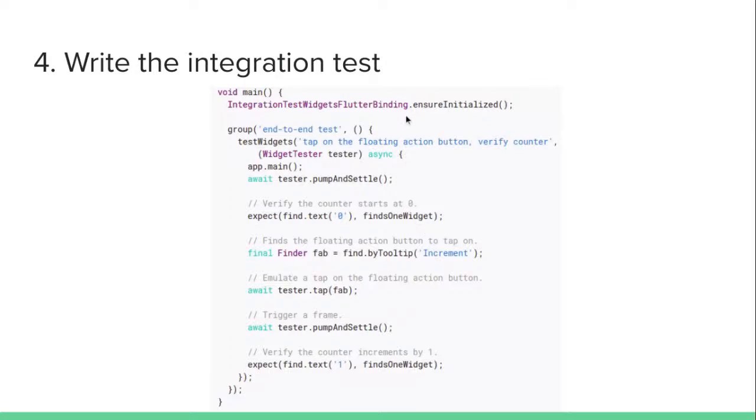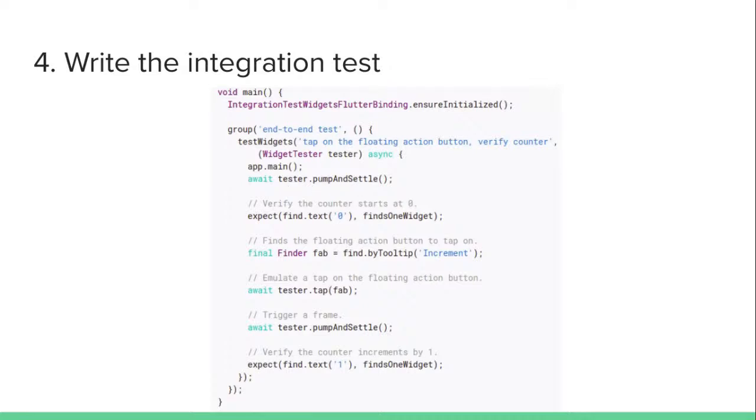So we have this comment, and after that we have a group of test cases. This group has this description, and in the body of the group, we have a test widget to make widget testing. In the test widgets, we have the description and widget tester. Inside it, we use tester.pump and settle.